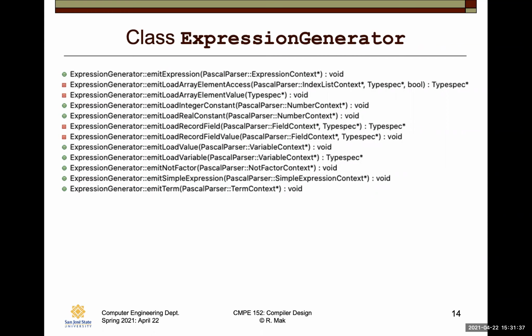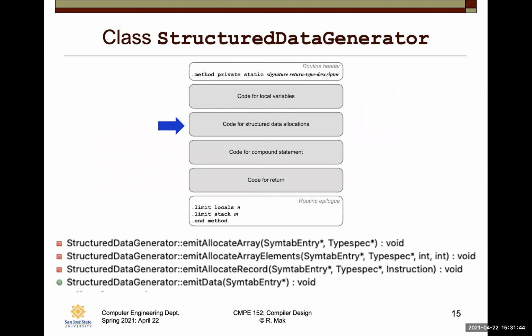This is where code for expressions is generated. Structured data generator, of course, allocates arrays and records. This is what we talked about last week.